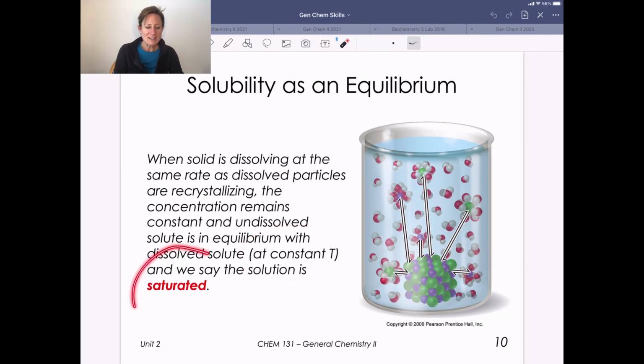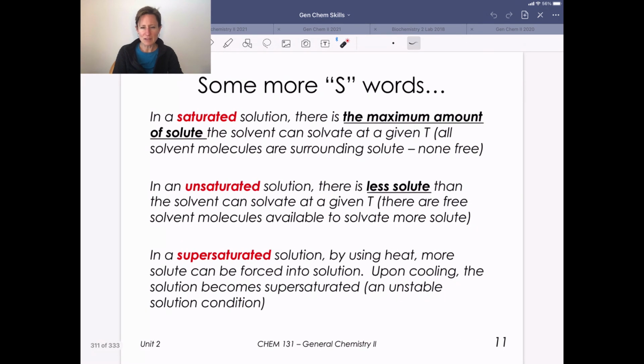We're going to say that this solution is then saturated. It has as much solute in solution as possible. Now we do know that there's a temperature dependence to this. If you want to dissolve sugar in water, it dissolves much better in hot tea than it does in cold tea. Some great practical examples to think about.